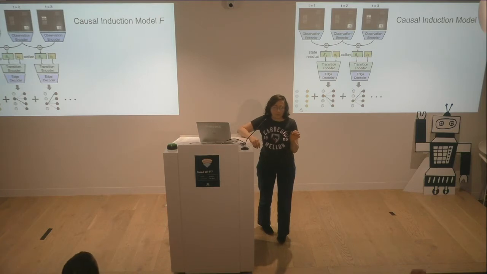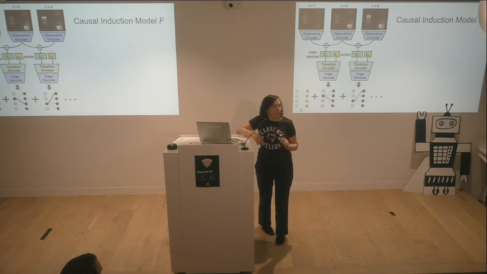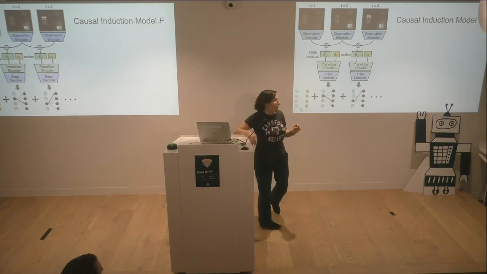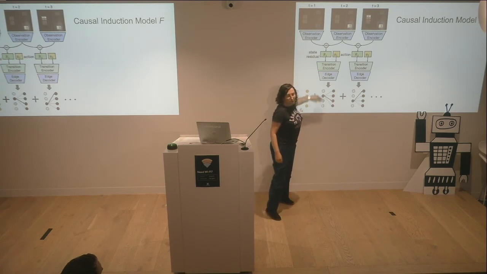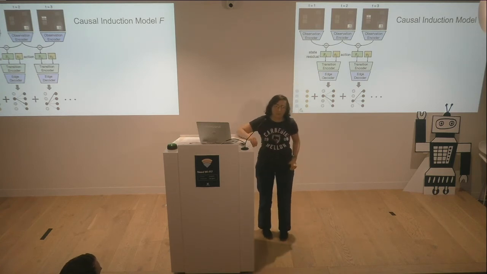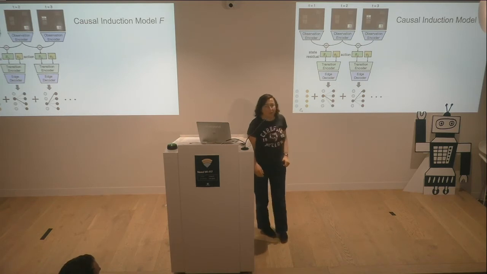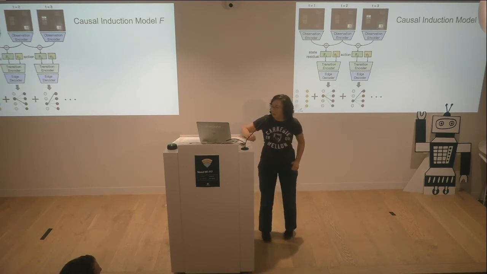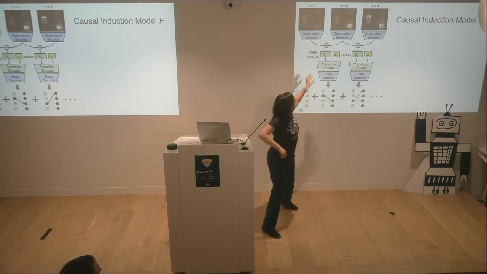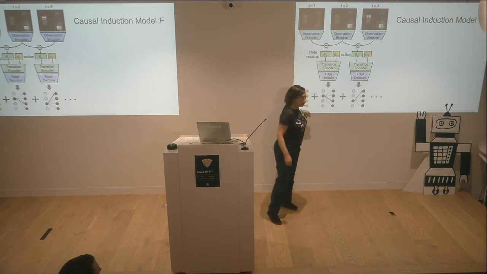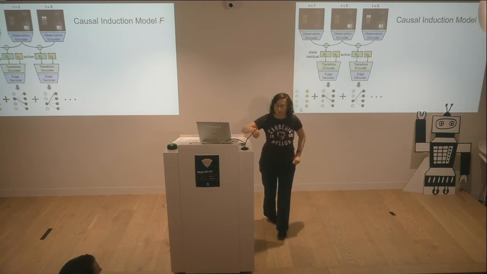And those are not given as columns, they're not given as a particular vector. You have to learn that in your encoder. You have to learn what the features are that you're having an effect on from the images. That's the cool part. So you're getting a representation of the effects of your actions that fits into a causal model.